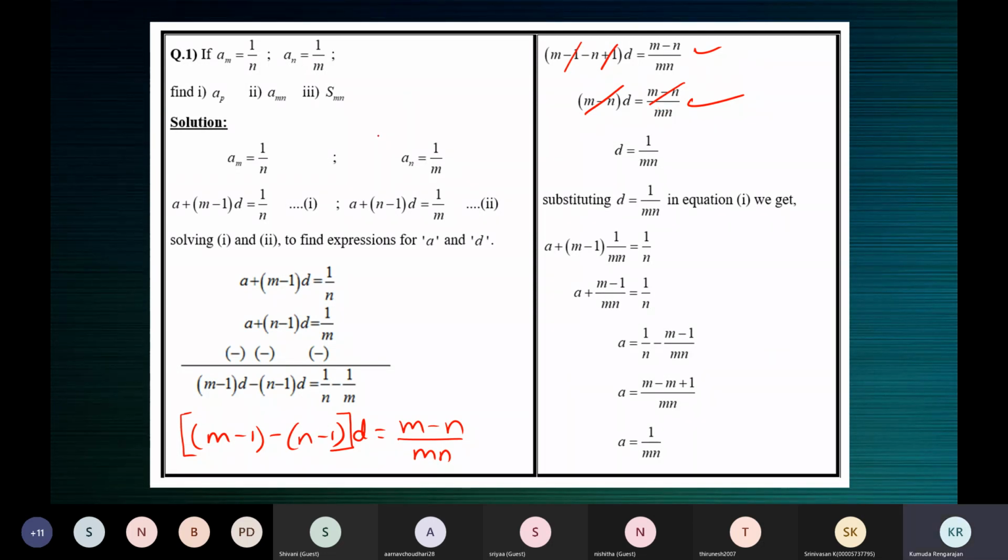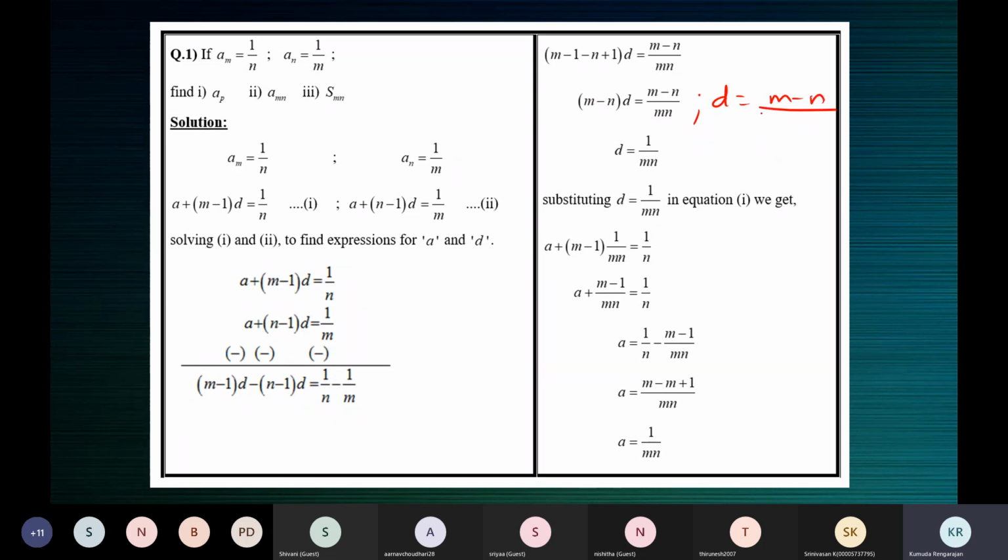So d is equal to 1 by mn, or if you want, you can bring it down for division. d is equal to m minus n by this m minus n will come down for division into mn. So m minus n gets cancelled. So d is equal to 1 by mn. This is the expression for d.